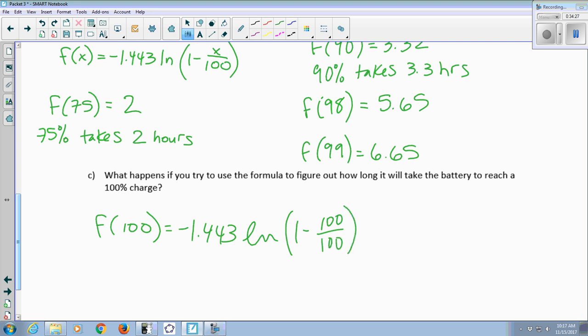But 100 over 100 is 1, so what's in the parentheses, 1 minus 1, is actually 0. But you can't take the ln of 0. You can only plug positive numbers into the ln function. So we get a domain error. You can't plug 100 in here.